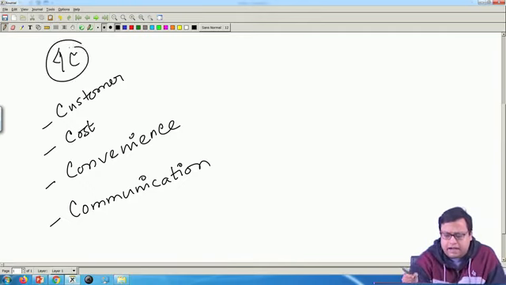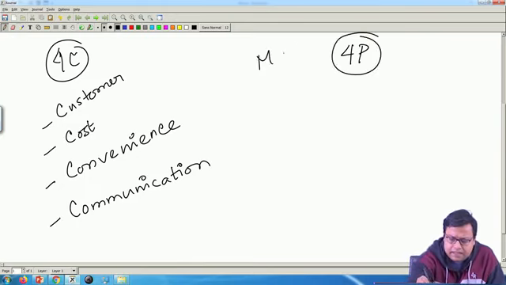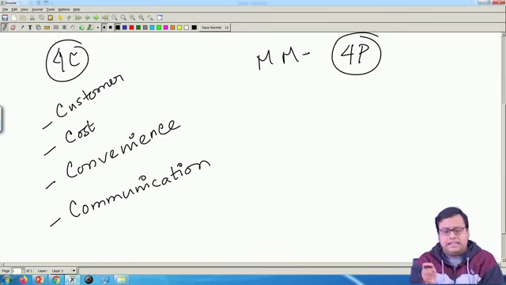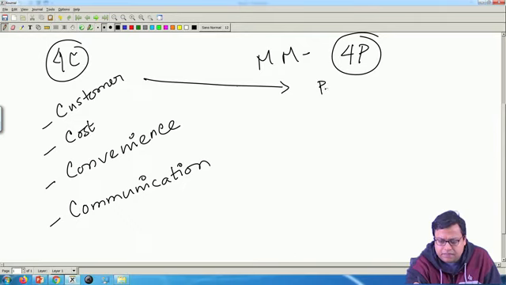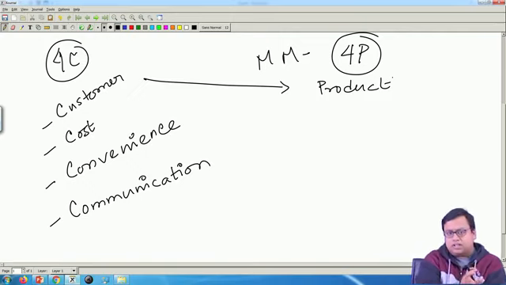And then to cater to this, the marketing mix comes up, which is basically 4 P's, and each of these P's actually caters to each of these C's. For example, the customer is catered to by the first P, which is the product. So, you create the product by thinking about the customer.